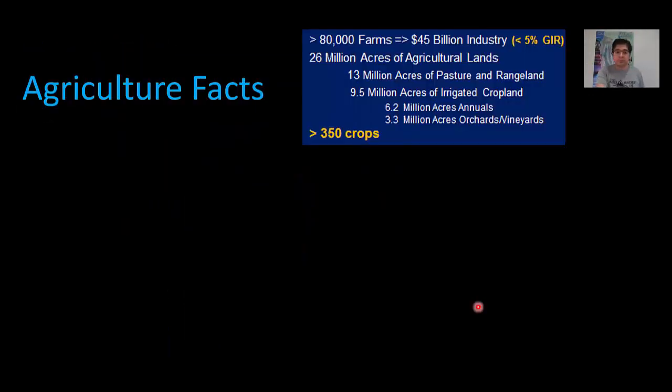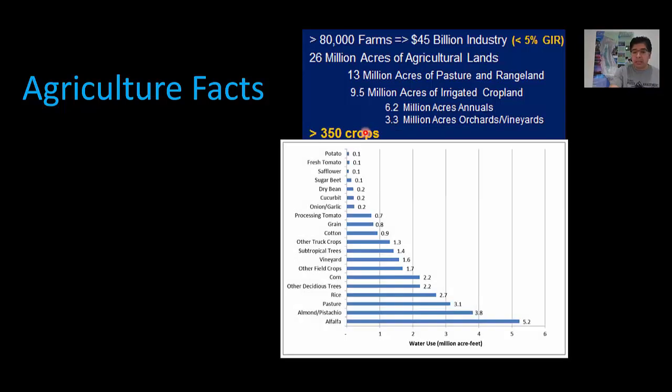Phew. So, agricultural facts. We have about 30 million acres of pasture, 9 million acres of irrigated land, and out of those, 6 million are annual crops, rotating annually, and you have about a third that are orchards and vineyards.